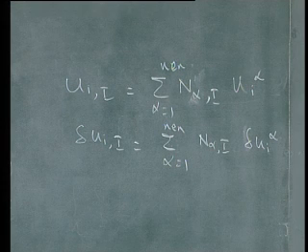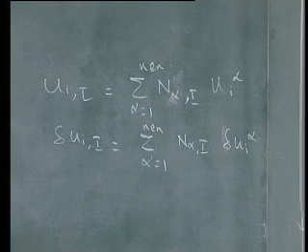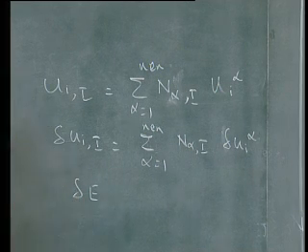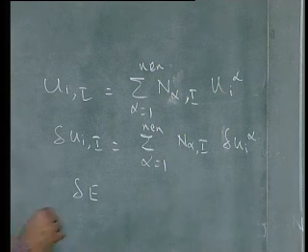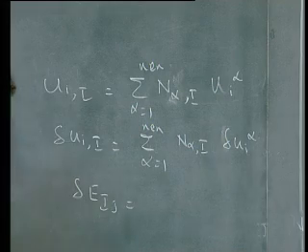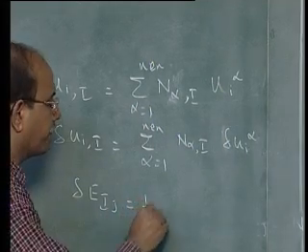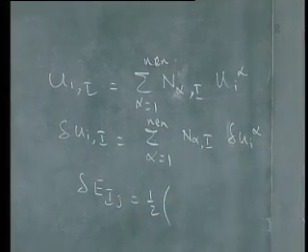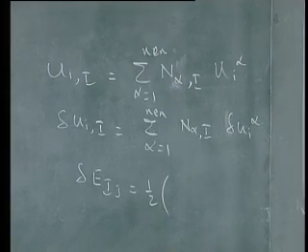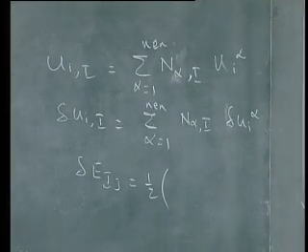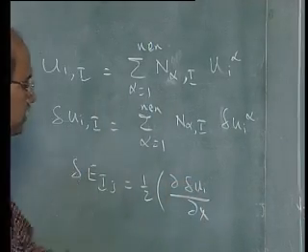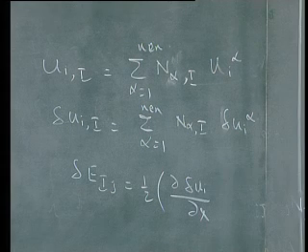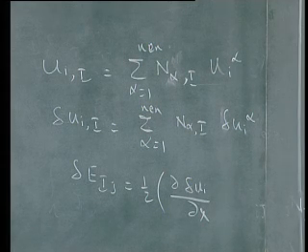And suppose I want to write down delta E. How do I write down delta E? Say for example delta Eij is equal to half of delta U, dou of delta Ui, dou. This consists of two terms. How do I get this?